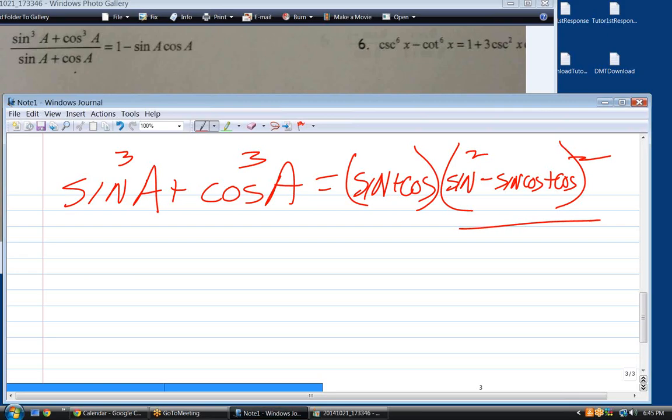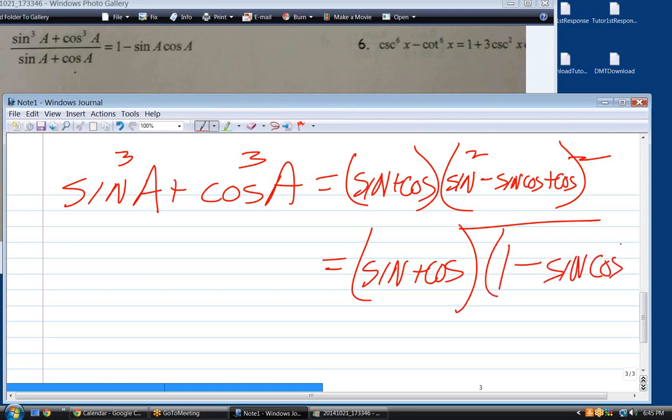It's just a scribble, I think. Okay, so you would have to do, can you pull out a sine? No, you can't pull out a sine and a cosine. Well, sine plus cosine is 1. So is this not equal to sine plus cosine times 1 minus sine cosine?